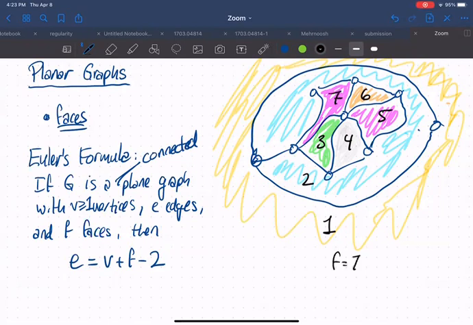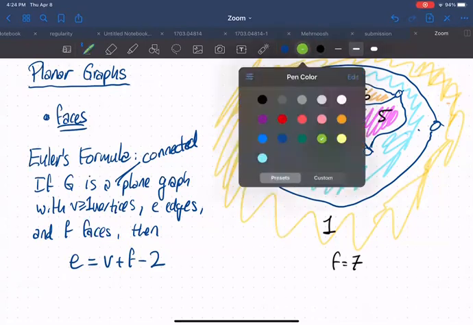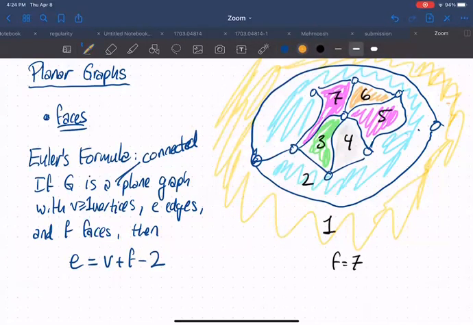So I get F is equal to 7. Vertices, let's count those. I get 1, 2, 3, 4, 5, 6, 7. So V is equal to 7.